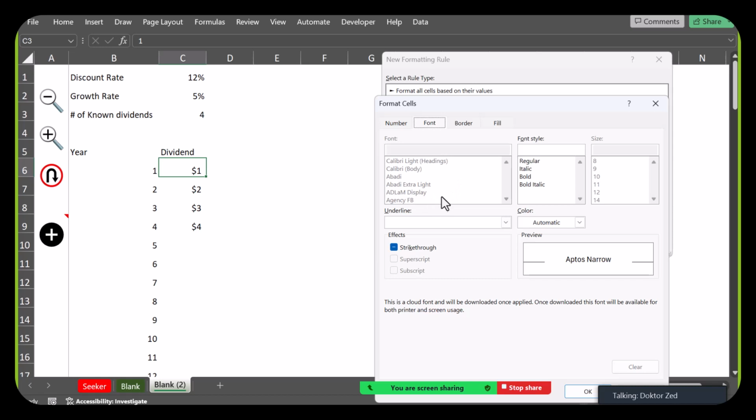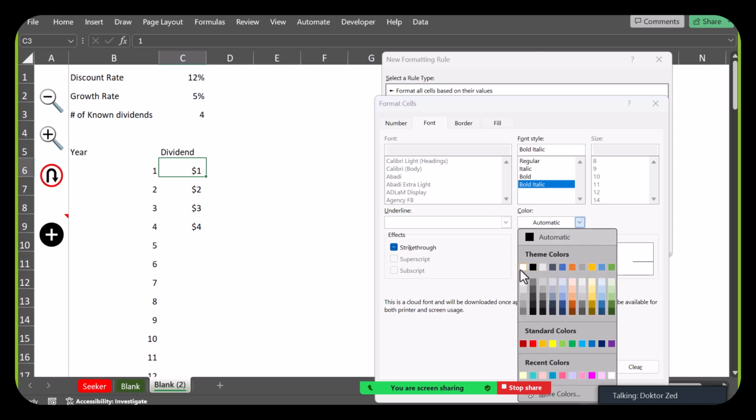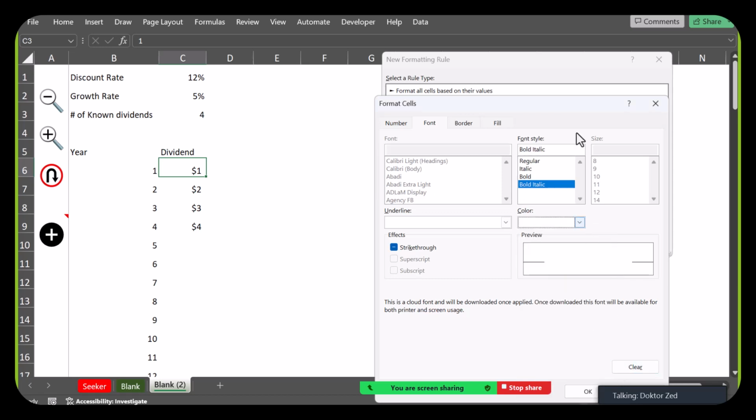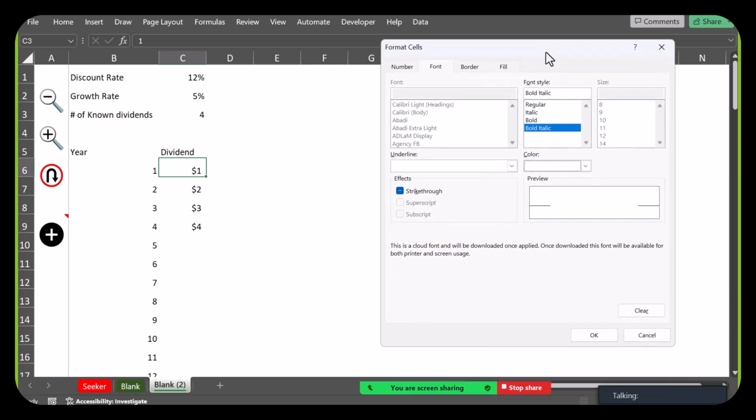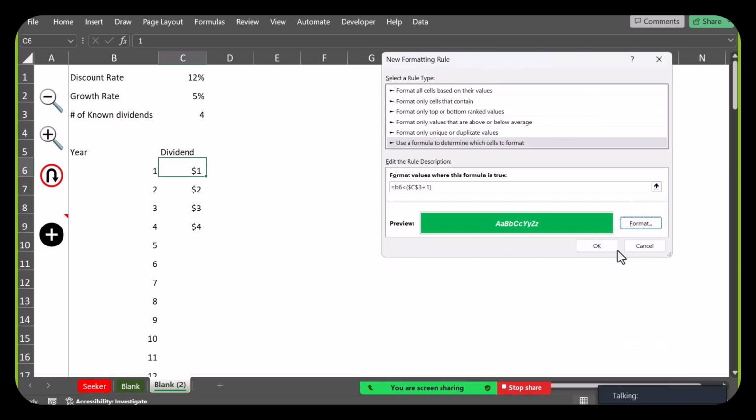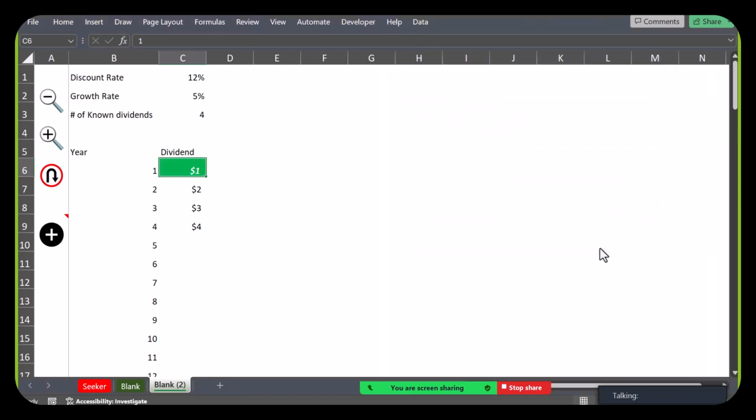For the font, I'm going to make it bold italic, and I'm going to make that white colored font. Okay, all right.